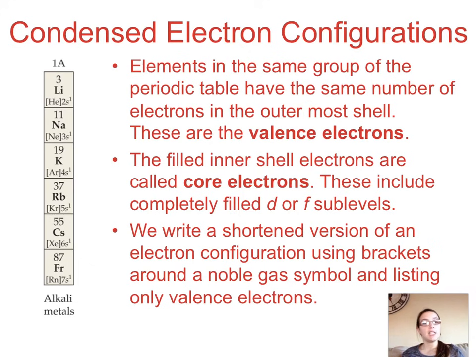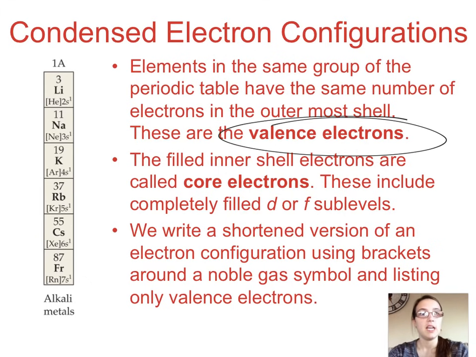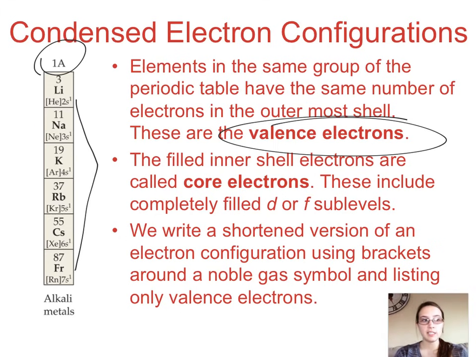The first thing that's important is elements in the same group have the same number of valence electrons. So valence electrons are based on the group that atoms are in. Group 1, for instance, has 1 valence electron. If you notice, all of the configurations are similar, right?